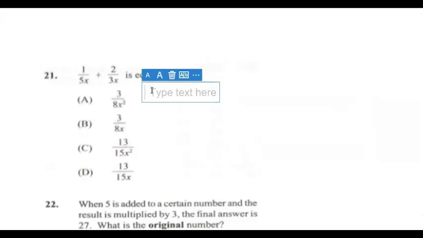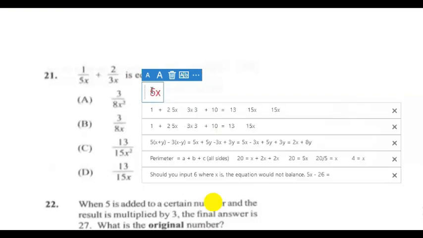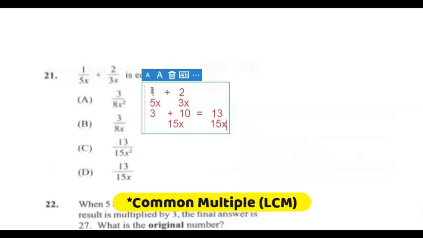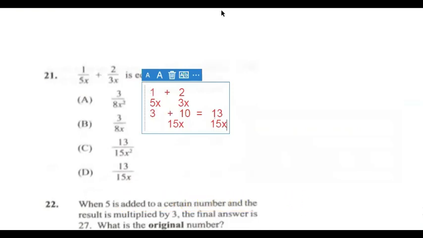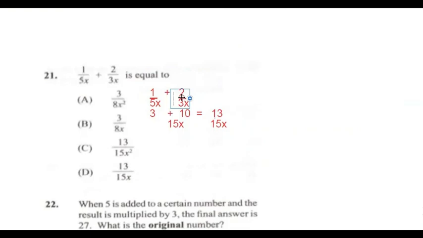Question 21, 1 over 5x plus 2 over 3x is equal to. Remember, when fractions do not have the same denominator, we need to find a common factor so that addition can be easier. So it is 1 over 5x plus 2 over 3x, and we found the LCM, which is 15x, which is what both denominators can be divided into. 5x into 15x goes 3 times, and 3 ones are 3. 3x into 15x goes 5 times, and 2 fives are 10.